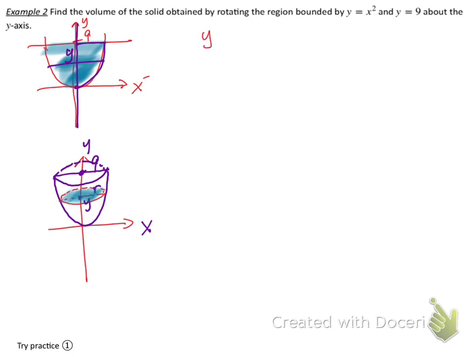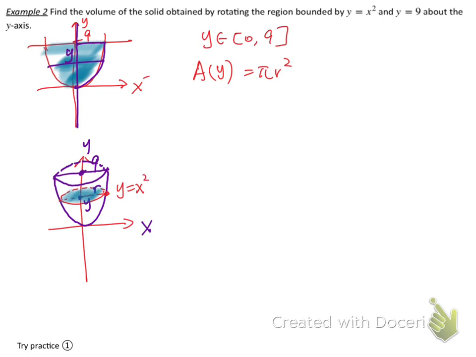So first of all, our y is from 0 to 9. And for a particular circle, the area at y is pi r squared. But r, this point, r is essentially x, right? r is x on the parabola.